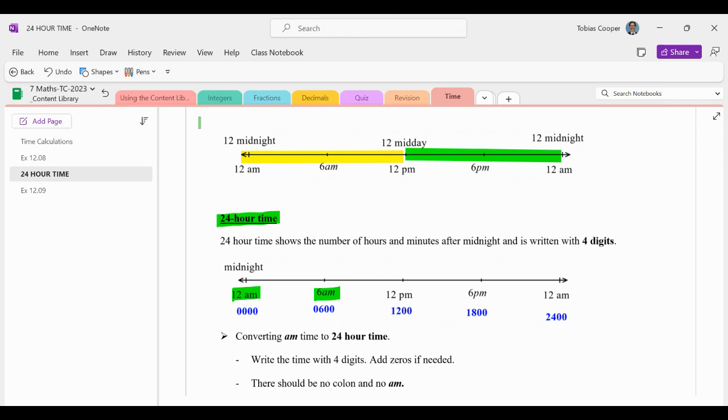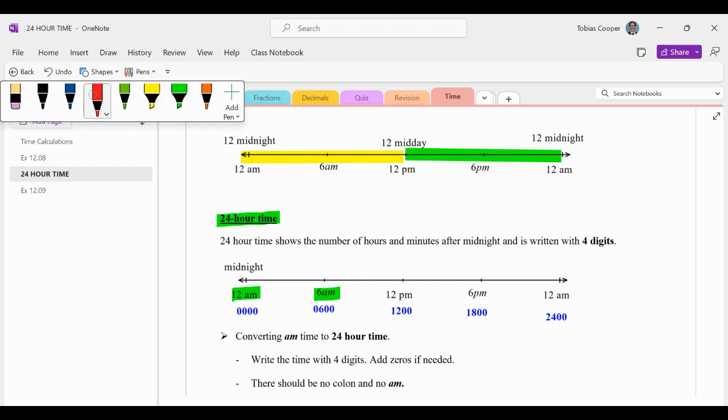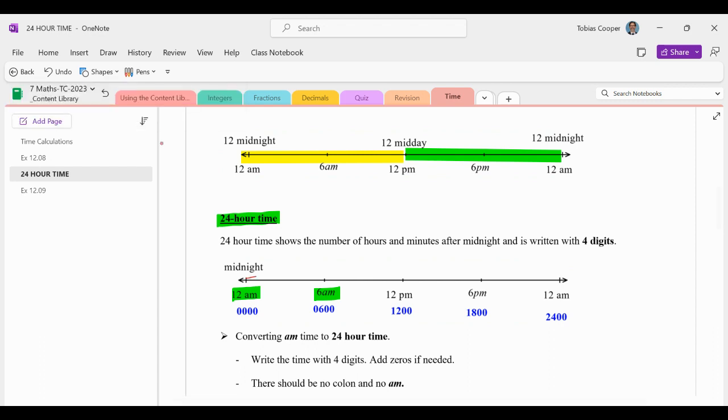Then we get up to 12 p.m. Now 12 p.m. is 12 hours after midnight. So the 24-hour time is 1200. 6 p.m. Well, if you think about it, 6 p.m. is 18 hours after midnight, isn't it? Because from 12 a.m. to 12 p.m. is 12 hours. And then from 12 p.m. to 6 p.m. is 6 hours.